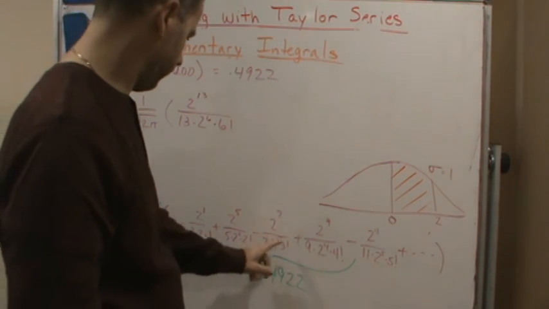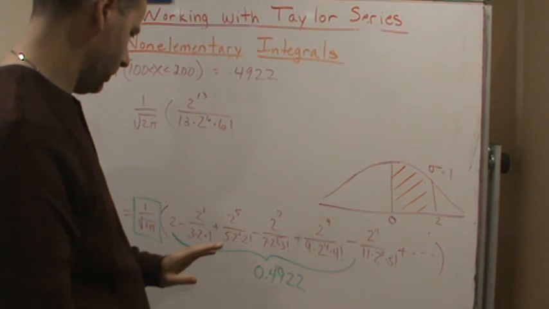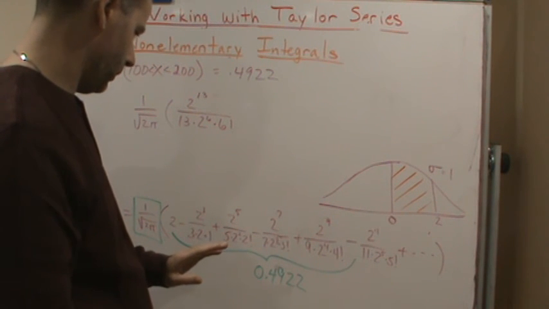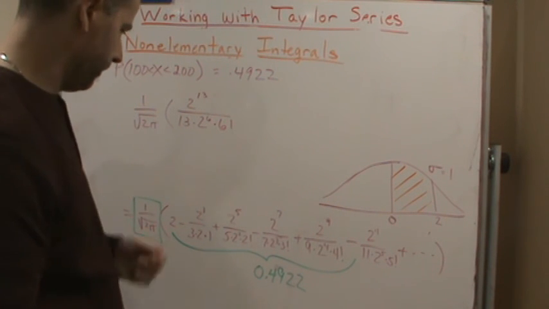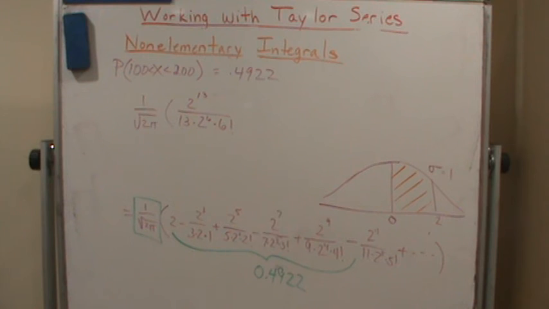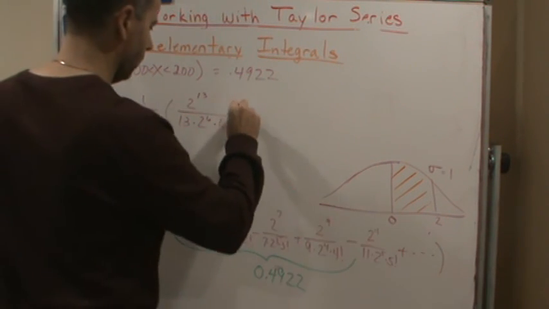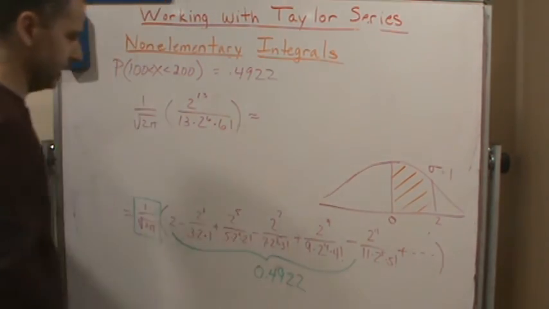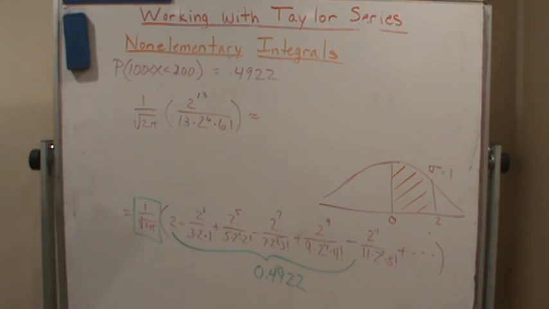So 1, 2, 3, 4, 5. And then this is going to be approximately equal to 0.00546.